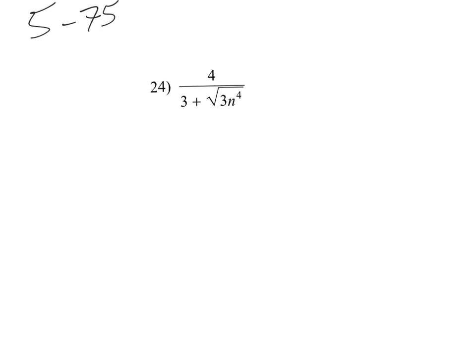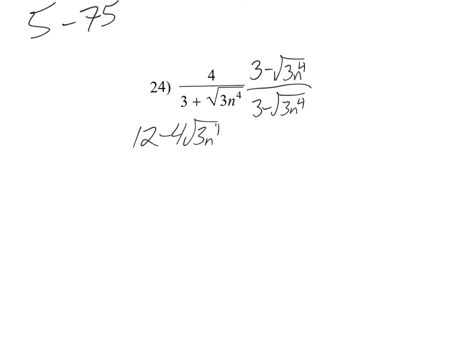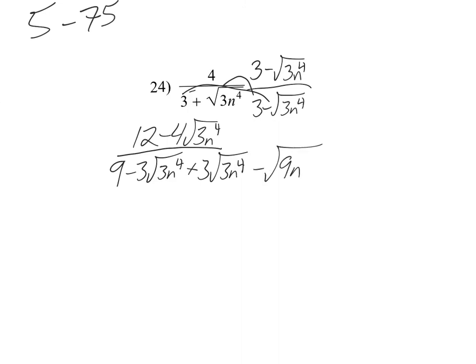For the last one, this one's a fair game one. So we have 3 minus radical 3n to the 4th over 3 minus radical 3n to the 4th. 4 times 3 is 12, minus 4 radical 3n to the 4th, over 3 times 3 is 9, negative 3n to the 4th, plus 3n to the 4th, minus radical 9n to the 8th.